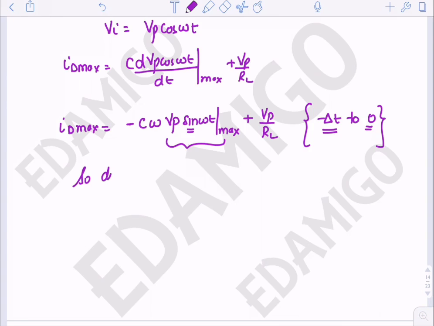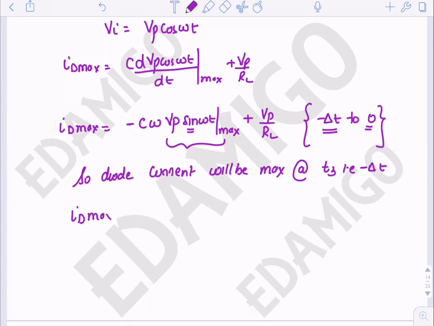So diode current will be maximum at T3, that is minus delta t. So we can write ID max is equal to minus C omega Vp sin omega delta t plus Vp upon RL. Now we know that sin theta is approximately equal to theta when theta is very small.